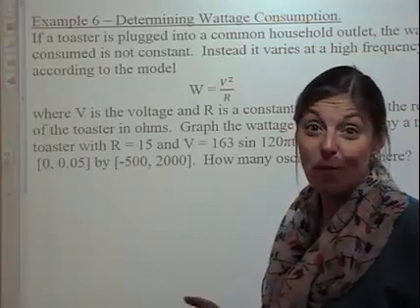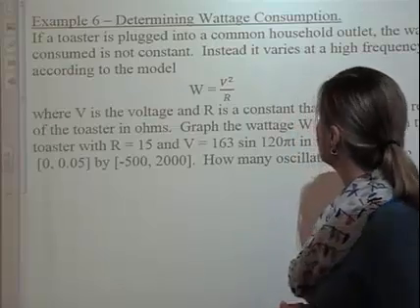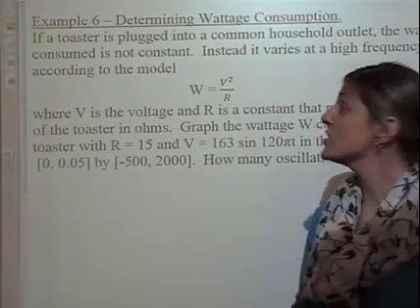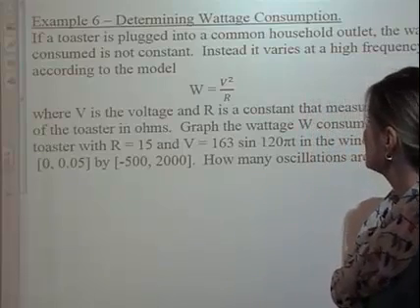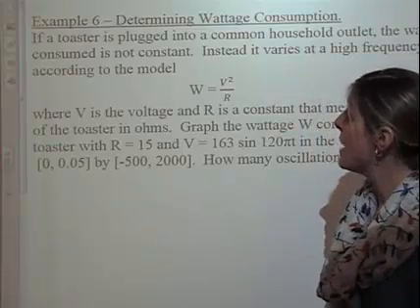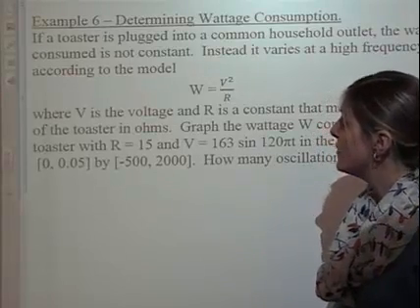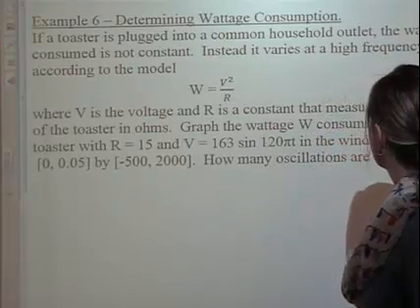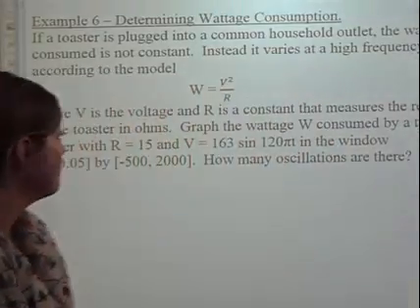Example 6, determining wattage consumption. If a toaster is plugged into a common household outlet, the wattage consumed is not constant. Instead, it varies at a high frequency according to the model W equals V squared over R, where V is the voltage and R is a constant that measures the resistance of the toaster in ohms.